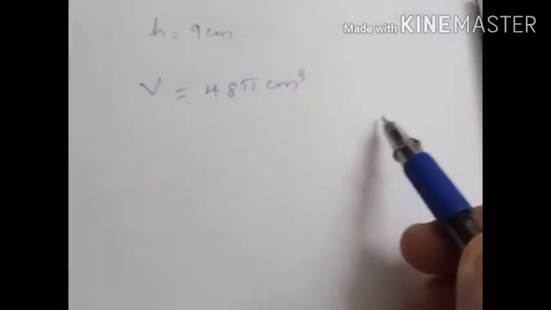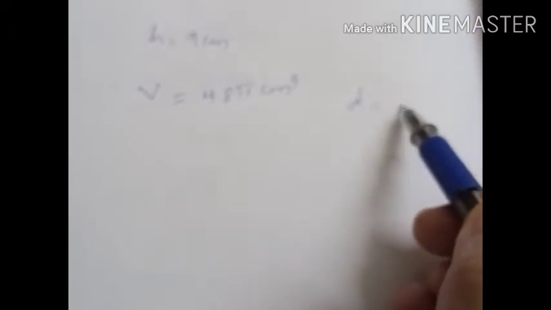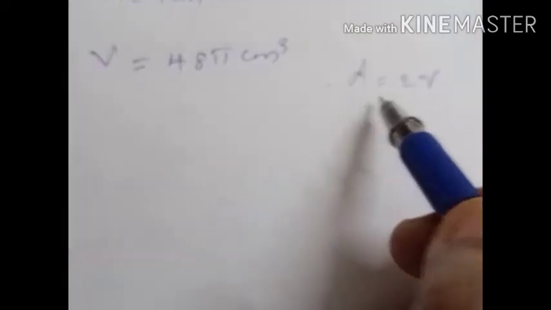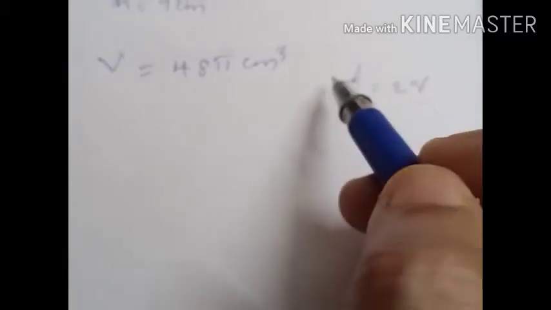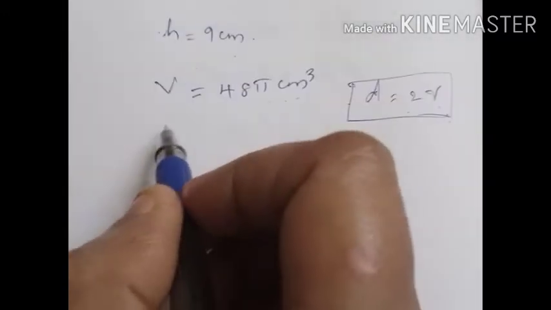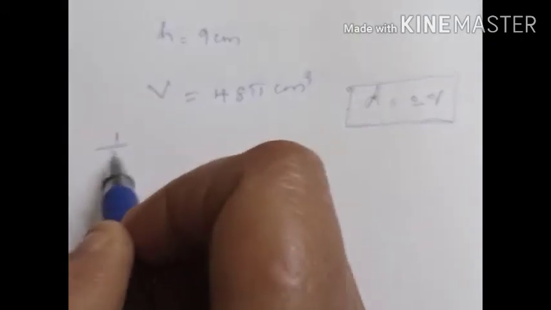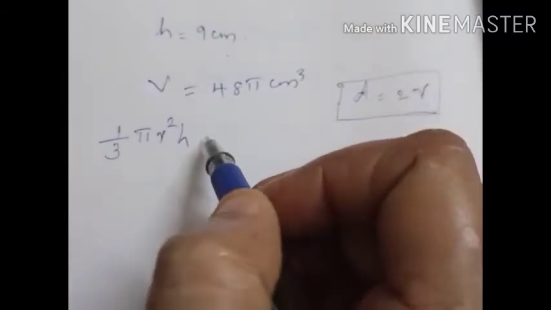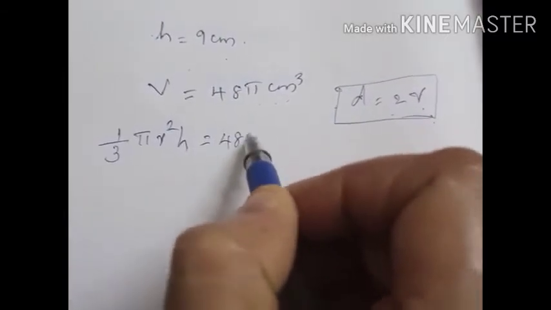So for finding the diameter, we should find the radius because diameter equals twice the radius. Diameter equals 2r. So here we have to find the radius first, then we have to find the diameter. So we can write the equation for the volume of a cone as 1 by 3 pi r square h, that is equal to 48 pi.